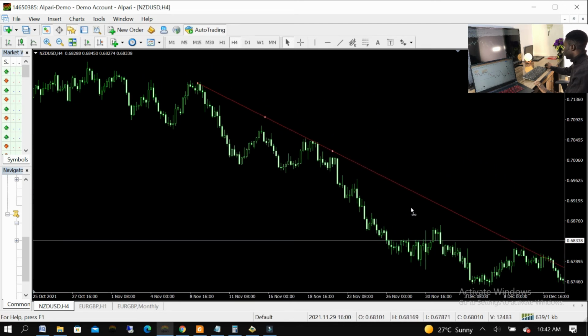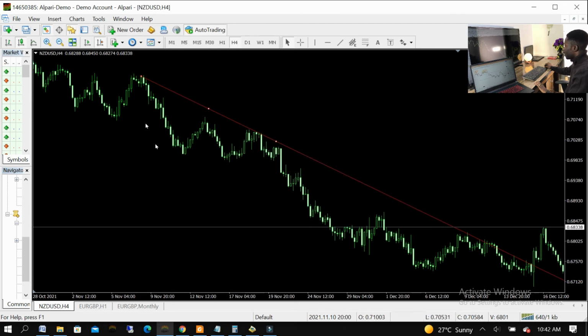Let's try to move. Now look at something here. Price came down here, came up here, came down here. When the price touches this place, like, it came down immediately. That is what we call a leading indicator. Like, price is going to respect it, not like lagging indicators where it's going to move when price moves.